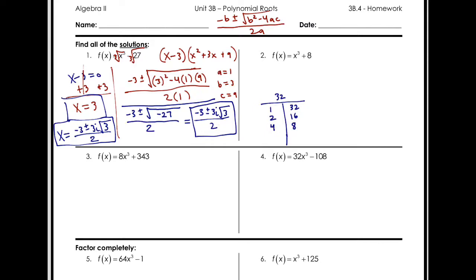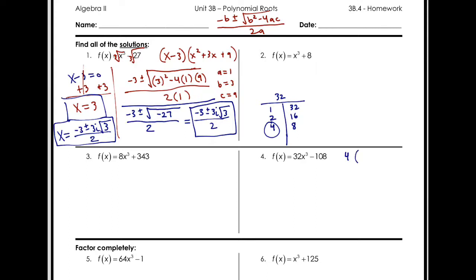We already tried 32 into 108. Let's try 16. 16 doesn't go. 8 doesn't go. What about 4? 4 does go. And so you know your GCF is 4. And so we have, where do we want to write this? Let's write it here. 4.